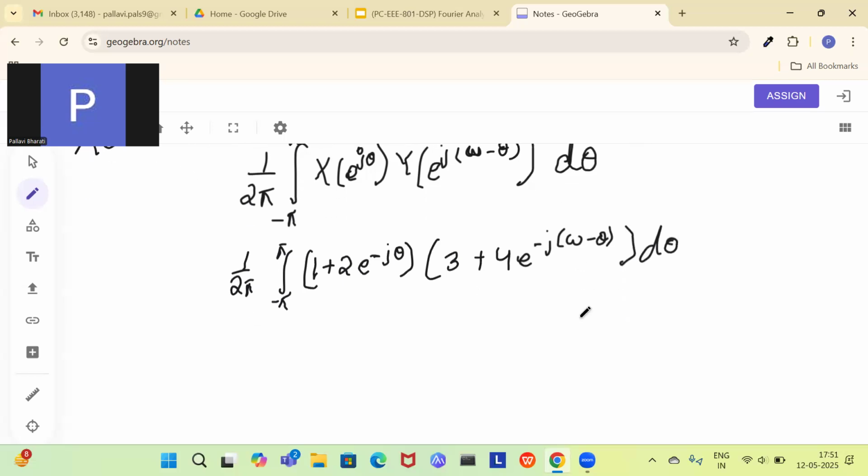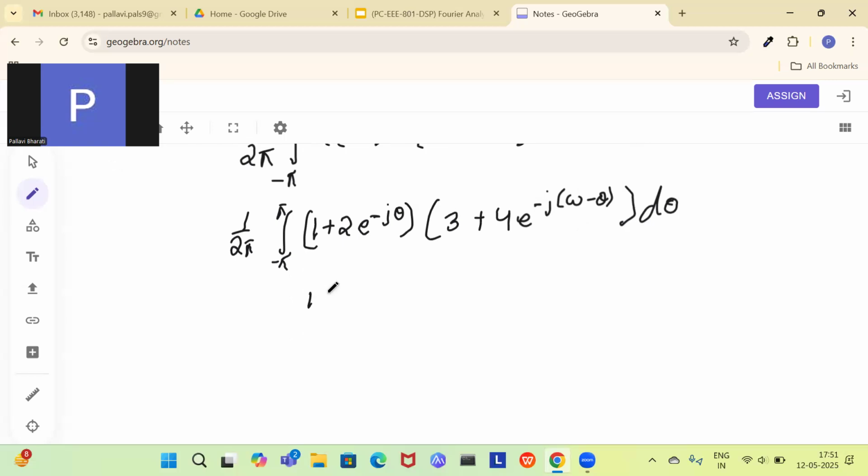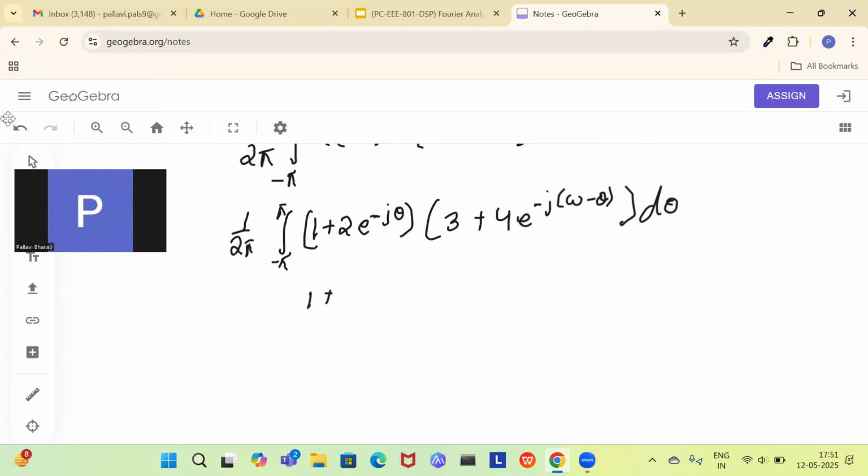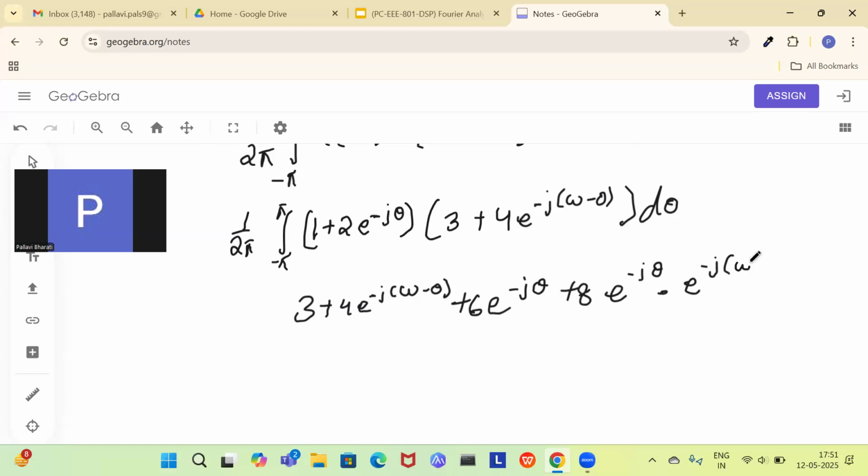Now multiply this part. First it has to be multiplied with 1. So 1 into 3 will be 3, plus 4 e to the power of minus j (omega minus theta), plus 6 e to the power of minus j theta, plus 8 e to the power of minus j theta into e to the power of minus j (omega minus theta).